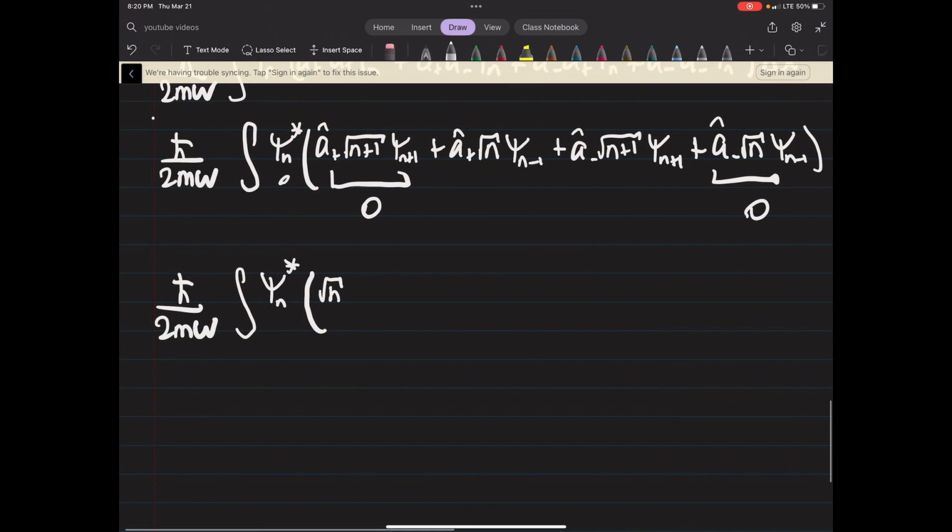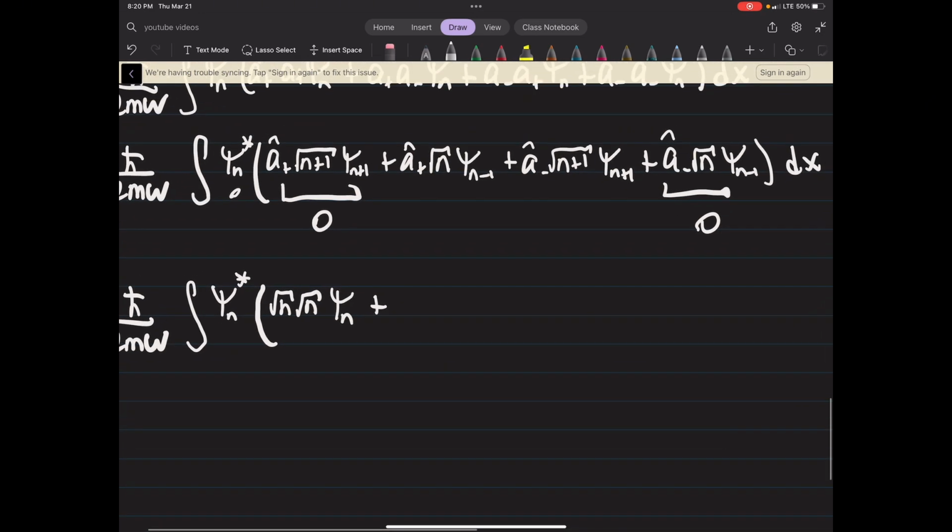Since n minus 1 plus 1 is just n, it's the square root of n psi sub n, which will work now. Plus the lowering operator. The lowering operator takes whatever state you're in, so first off, the square root of n plus 1, times the state we're in, n plus 1, and then lowers it to state n.